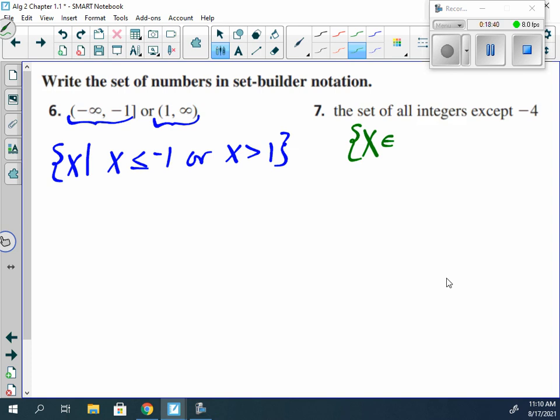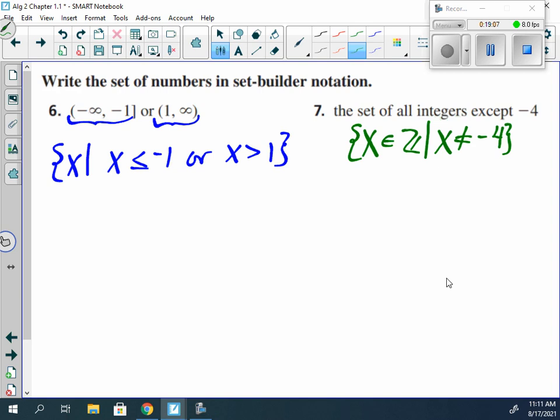The integers. And our symbol for integers is our Z with an extra line, and then we'll throw the bar down. So we could do this in different ways, but really I think the way that y'all would like is that we say x is not equal to negative 4.